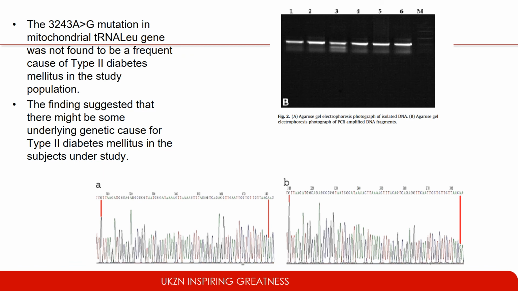They found after sequencing that this mutation was not a frequent cause of diabetes in the study population. This finding suggested that there may be some other underlying cause for type 2 diabetes mellitus in the subjects under study, because there was a deviation from the classical known mutation.